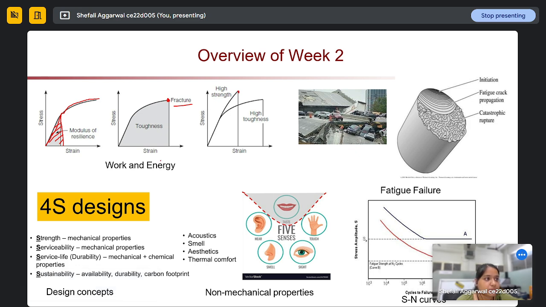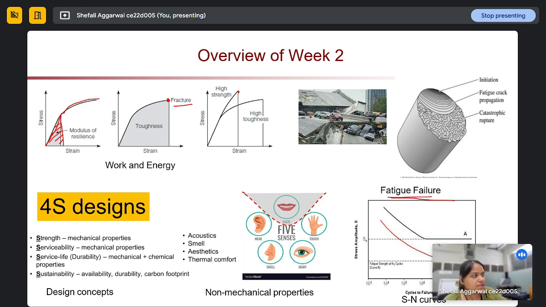Okay. The next thing is fatigue failure. What is fatigue failure? Due to continuous fluctuating loads, when a material fails, that is called fatigue failure.